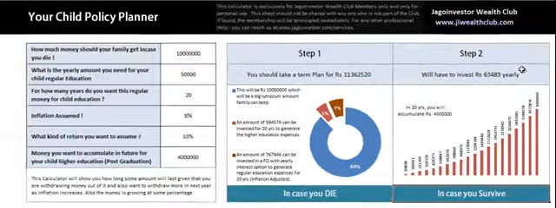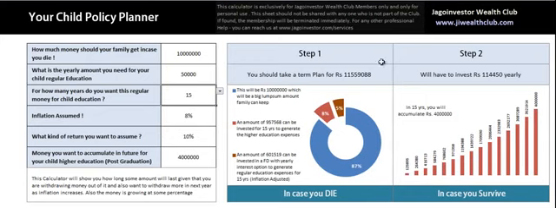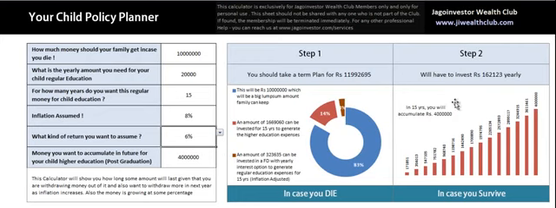Just fill in your numbers and see how the numbers change. For example, if I change this 20 to 15, the numbers and the graph change. The whole strategy changes. If I change, let's say, this yearly education requirement to say 20,000 rupees, and let us say that I assume a very small return, then you can see that this whole set of numbers changes.